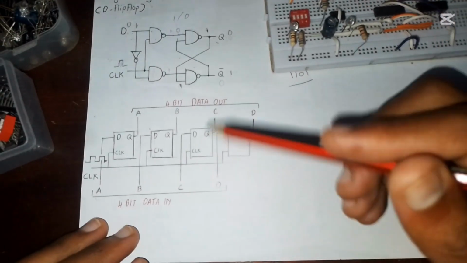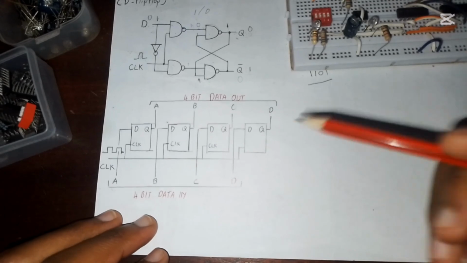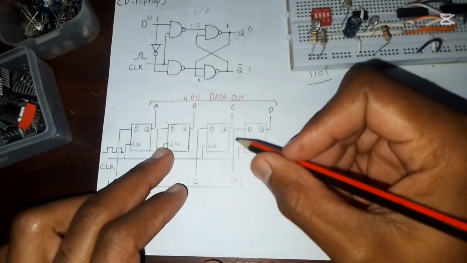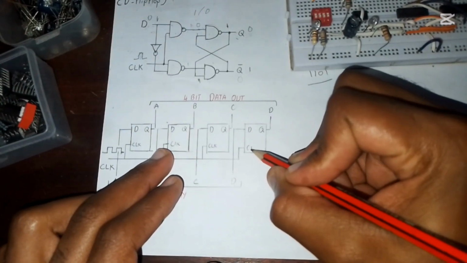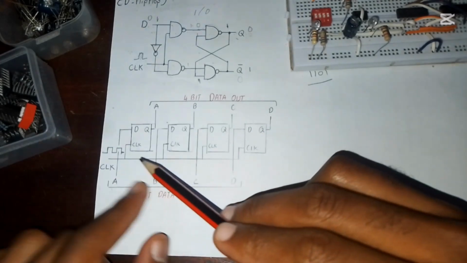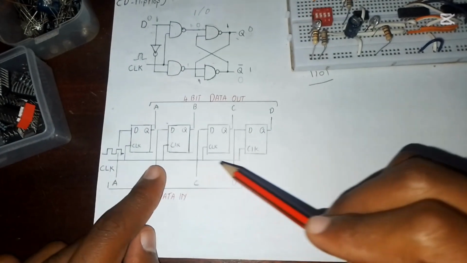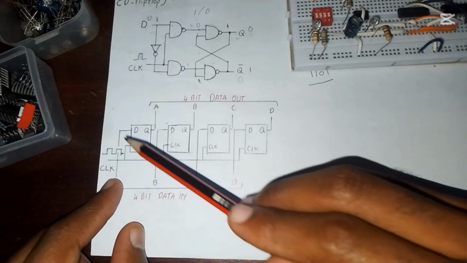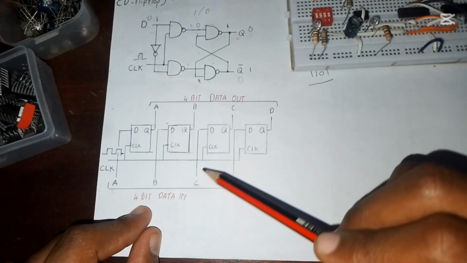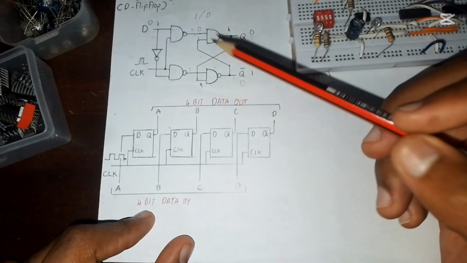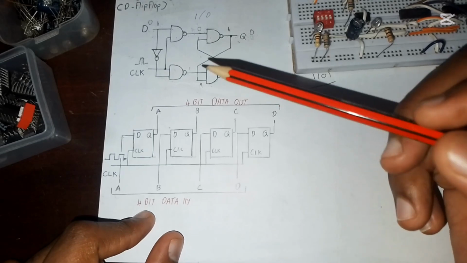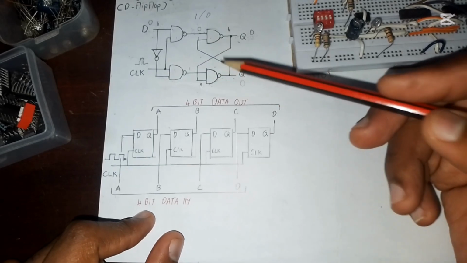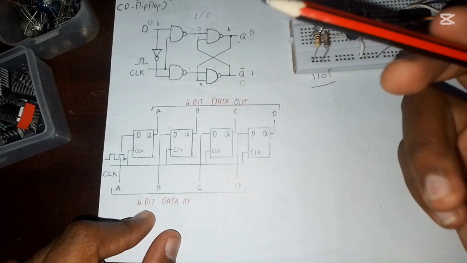We've said that for a register, we have a couple of those memory cells which are connected together using the same clock. Yes, you can see it has those data inputs. So these are 4 bits, because this single one is going to be called a 1 bit memory cell.